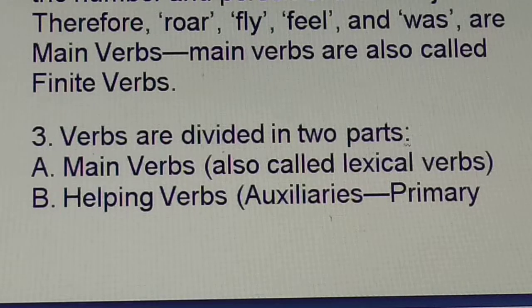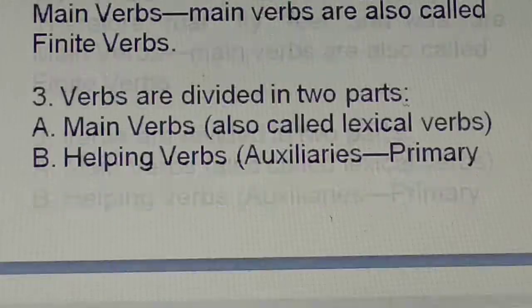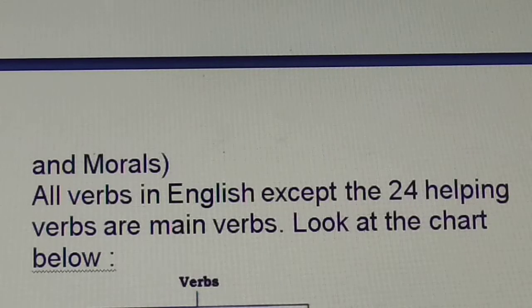Main verbs are also called lexical verbs. Helping verbs are also called auxiliaries, primary and modals. All verbs in English except the 24 helping verbs are main verbs.